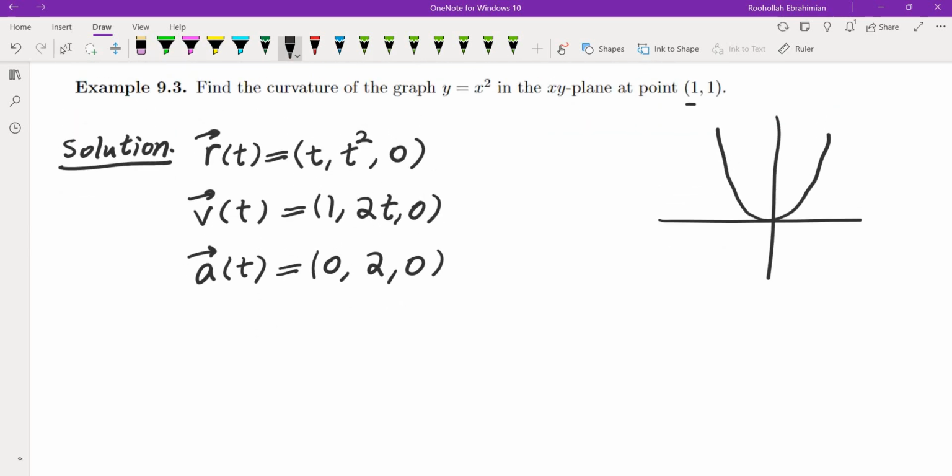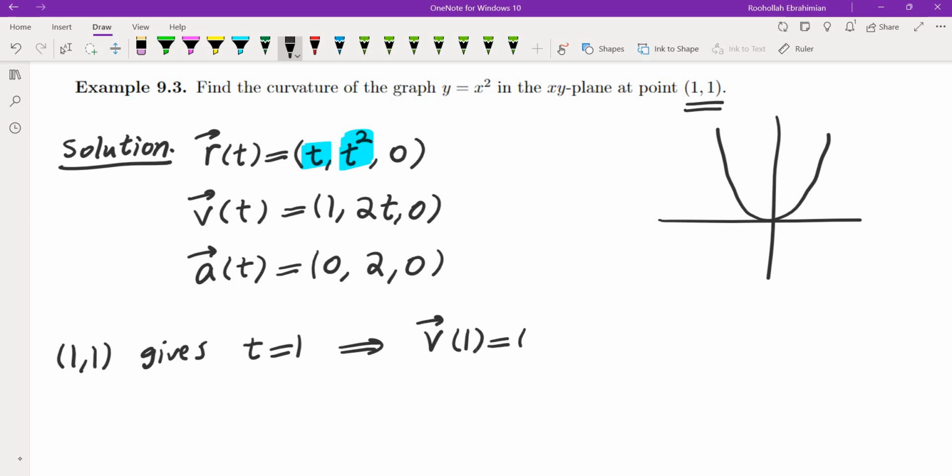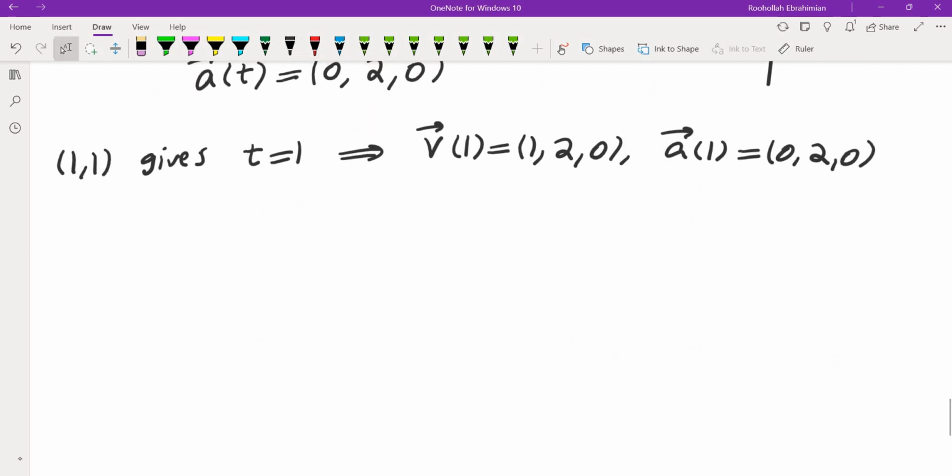Then we're going to plug in the values to get to this point. So 1, comma 1 gives t equals 1, because this one and this one would have to be 1. So that means t equals 1. So that means velocity would be 1, 2, 0, and acceleration would be 0, 2, 0. So now we have to find the cross product of v and a.